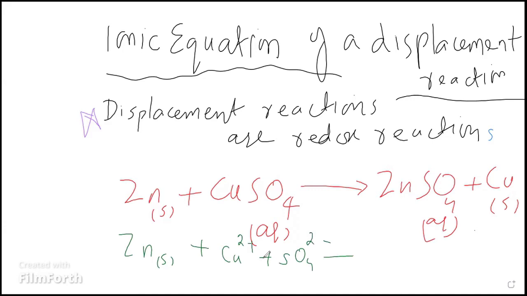Zinc sulfate contains zinc ions plus sulfate 2 minus ions, plus Cu. Now which ions are common in this equation, Mariam?